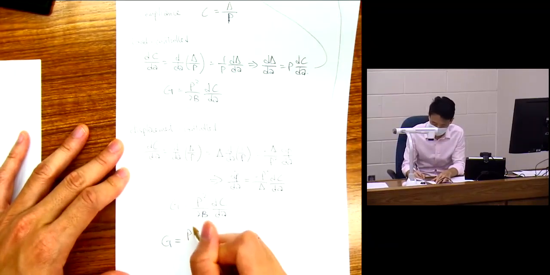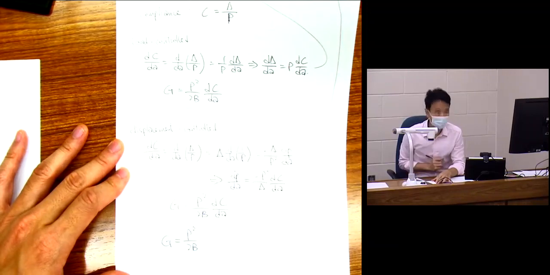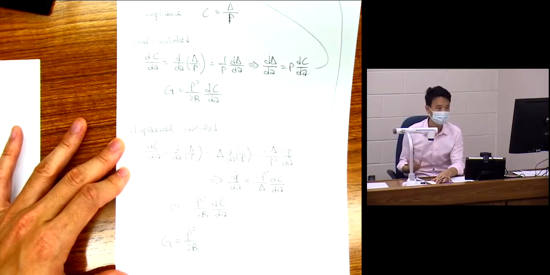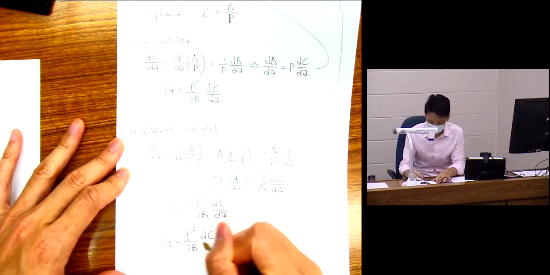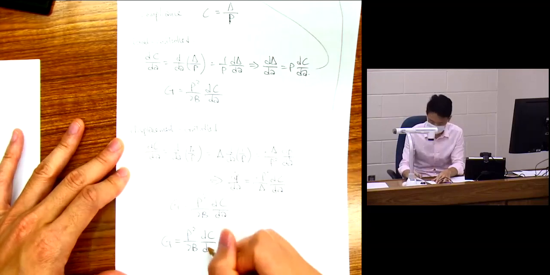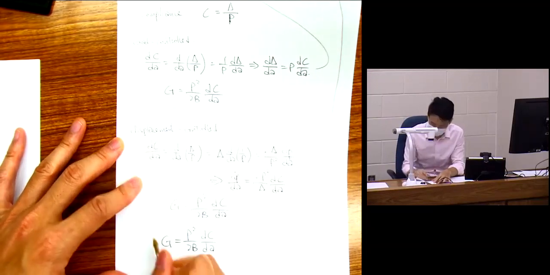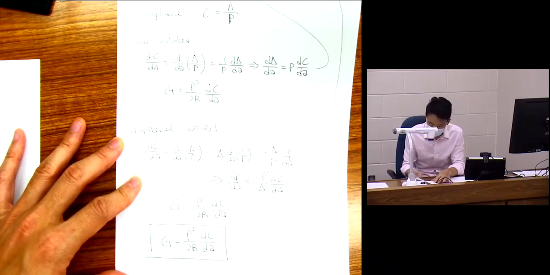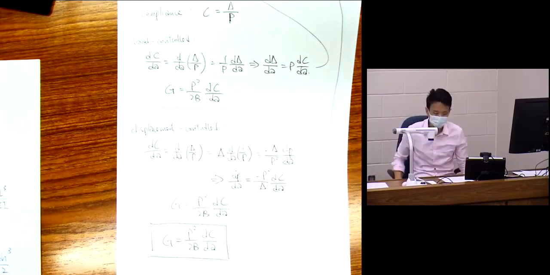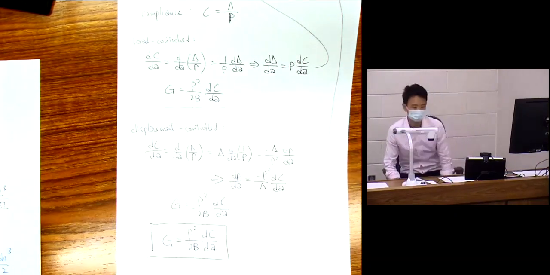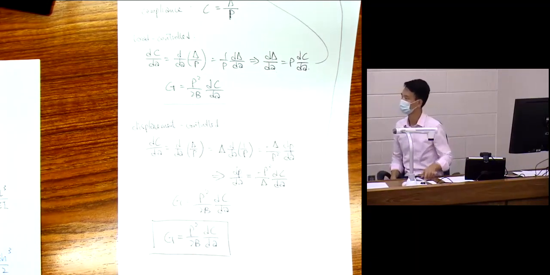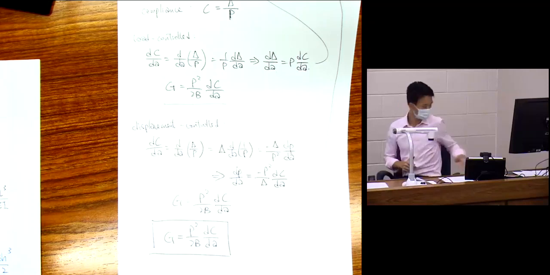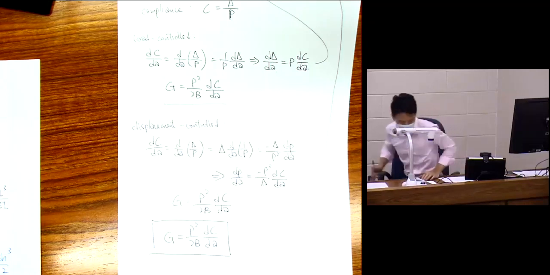Right, this is easier to use than minus dΠ/dA, because in that case you always need to go count the energy. This one just requires you to find out what the compliance of the solid is, and then you can calculate the energy release rate. Okay, so good.